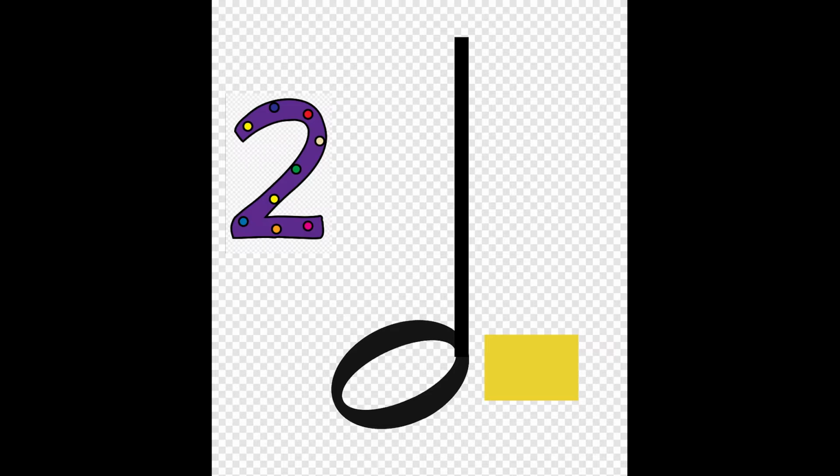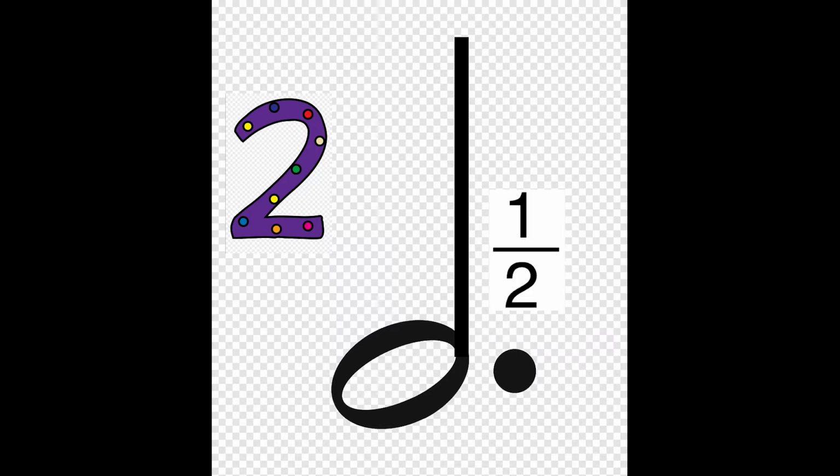Okay, we're going to look at some notes and add some dots to these notes. Let's start with this half note. The half note is worth 2 beats. If we put a dot next to it, we think: this by itself is worth 2 beats, and the dot is going to be half of whatever this note is.